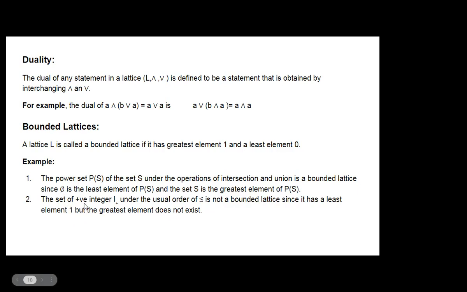You know, the set of positive integers has the element 1, but it does not have any greatest element, because the set of positive integers starts from 1 but ends at infinity. Okay, we do not know what the exact end of that set is. So that is not a bounded lattice.